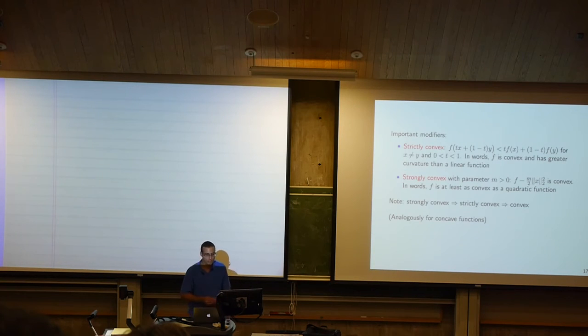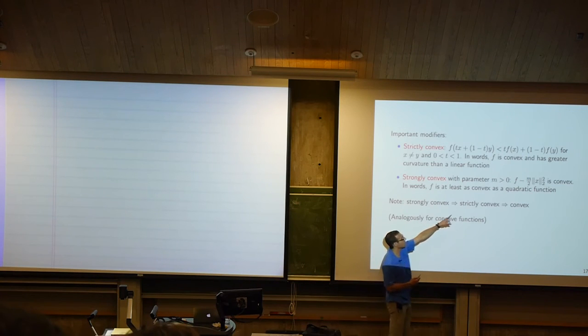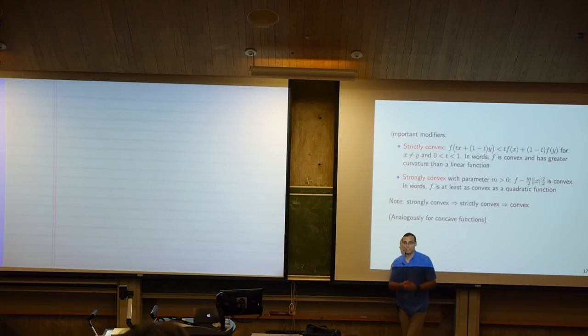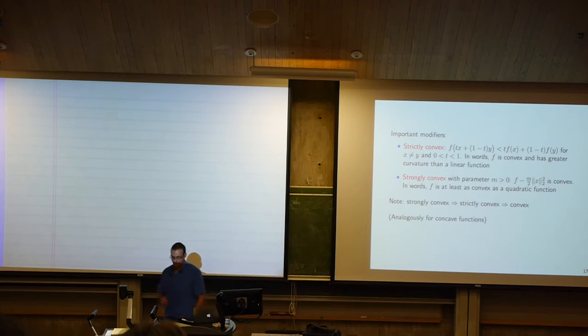How about strong convexity? Strong convexity comes associated with a parameter. This is just a number m, which is positive. So we say that f is strongly convex with parameter m, or sometimes we abbreviate it by saying f is m strongly convex. If this holds, if I subtract off m over 2 times the 2 norm of x squared from my function f, that's still convex.